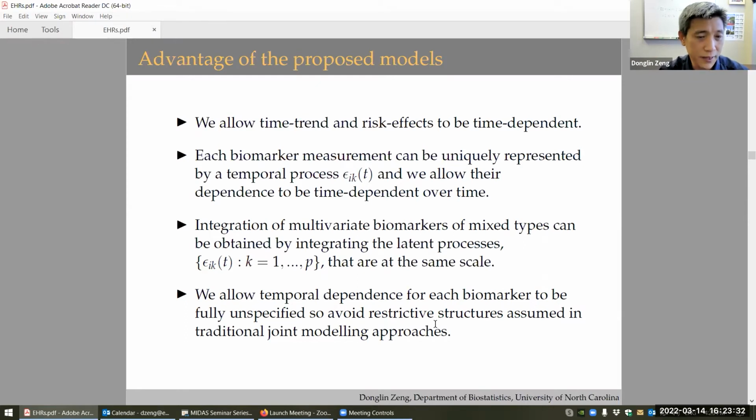Once on the same scale, the original biomarkers can be transformed into a combined latent process, which is easy to combine because it's a continuous variable. Also, the covariance matrix is unspecified. We don't impose structure on this covariance, to improve model robustness.